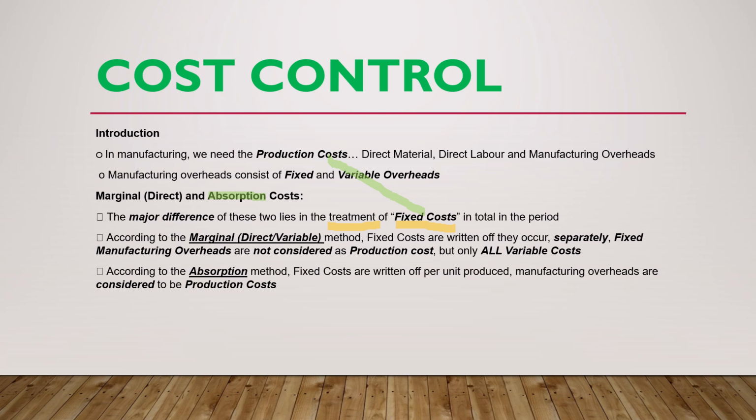Right. And then the second one, what's the difference with the second one? The marginal or direct or variable cost system does not recognize any fixed cost as part of production cost.